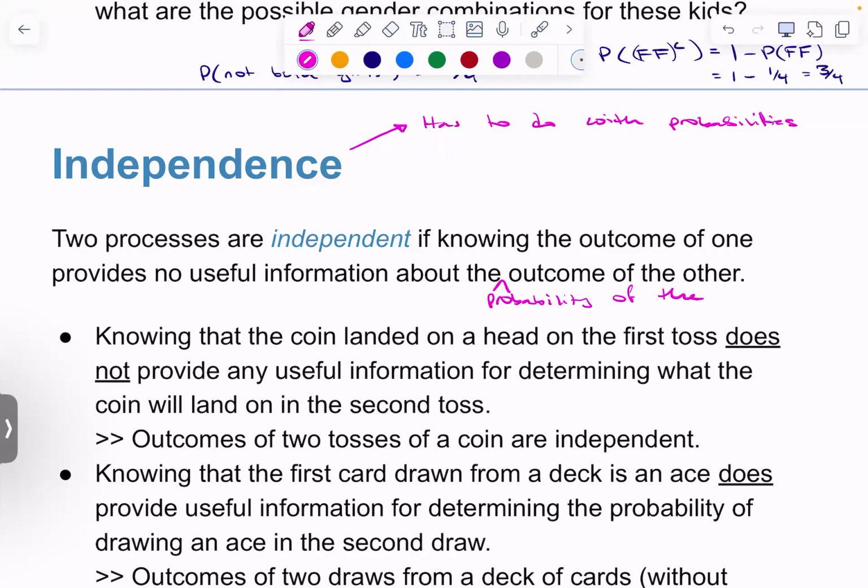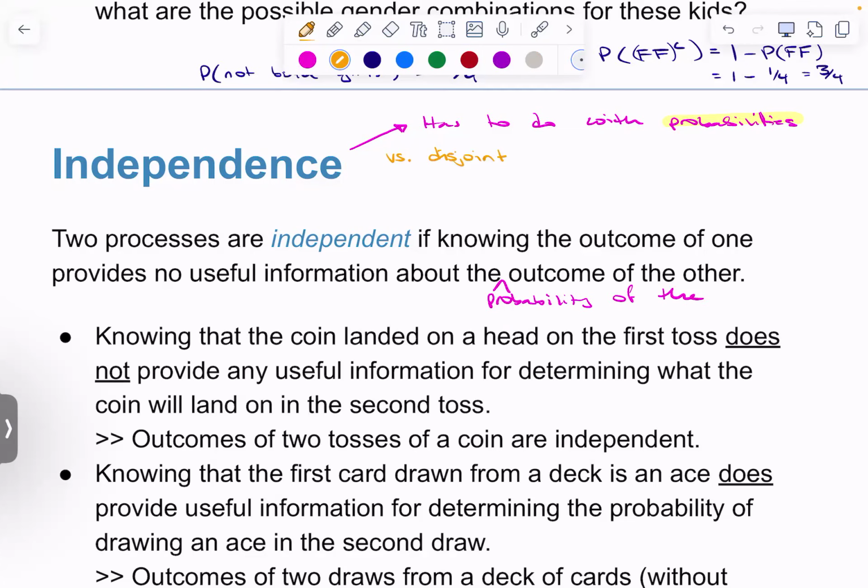Versus if I have drawn 2 red cards from a deck of cards, that changes the probability that my next card is red, because now I have fewer red cards and more black cards than I did. Well, I have the same number of black cards, I guess, that I did initially. And so those would be dependent events, but it has to do with the probabilities, versus disjoint, which has to do with the outcomes.